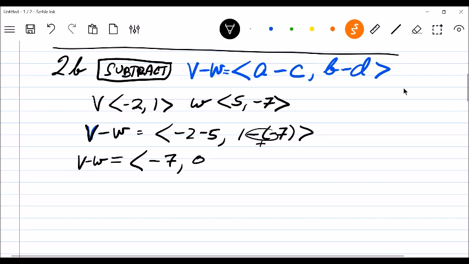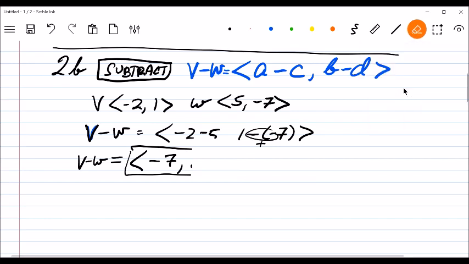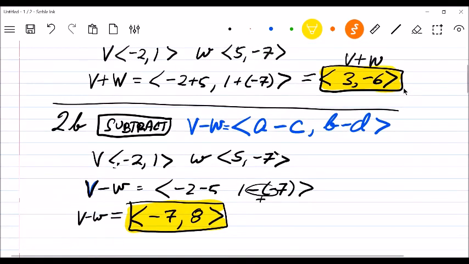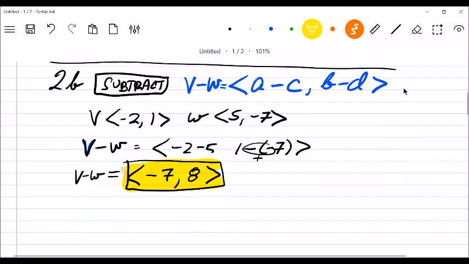So it's 7 plus 1, so it's -7, 8. And then I wanted a better arrow there at the end. Now I got my better arrow. So a very different answer now from adding to subtracting.